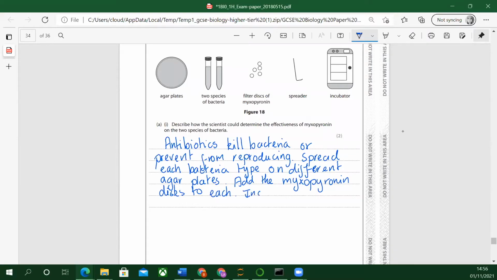Incubate the agar plates and measure the zone of inhibition. So where the bacteria have been killed or not grown around them. Okay.